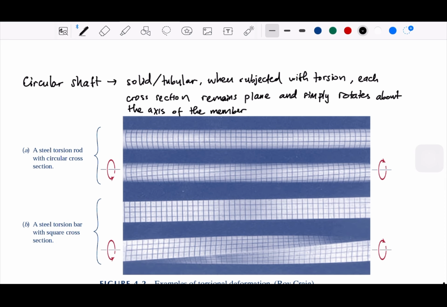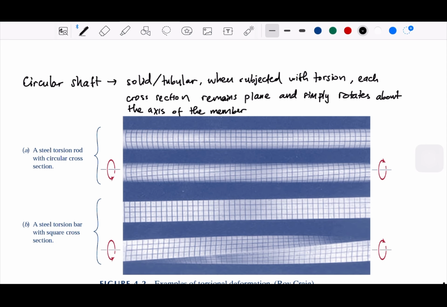You can see when we compare these 2 pictures, okay? In the first picture, it seems that it's still the same circle, right? The whole thing is the same circle, but the difference is the line here that was previously a straight line has become twisted, right?